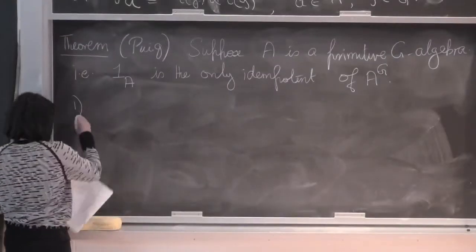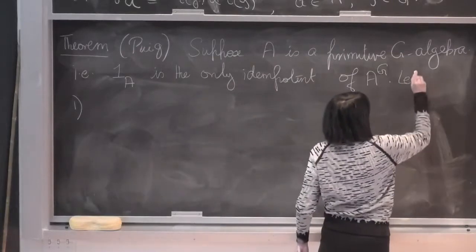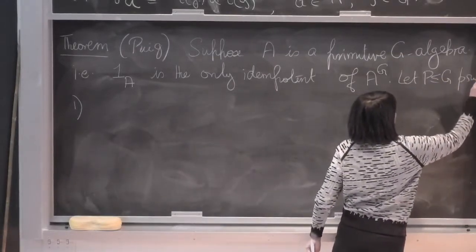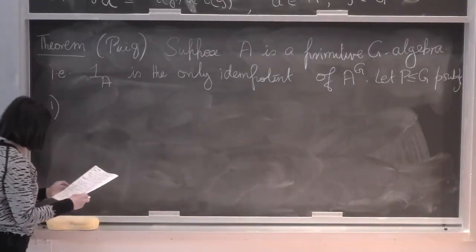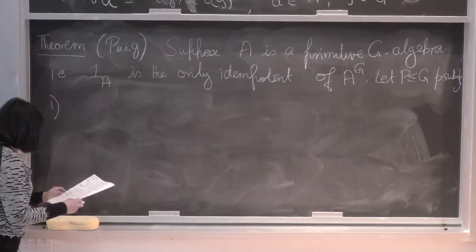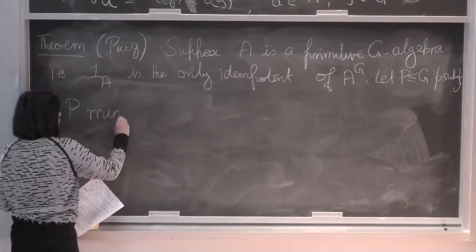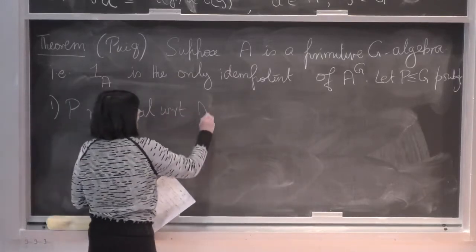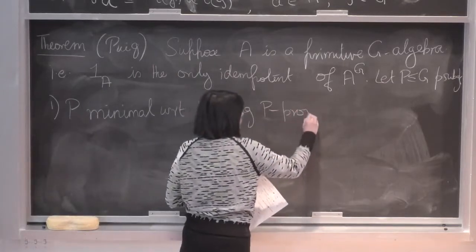Let me give several statements and let me fix P. I'm just going to stick to p-subgroups because that's all I need, really. And you say P is minimal with respect to A being P-projective.